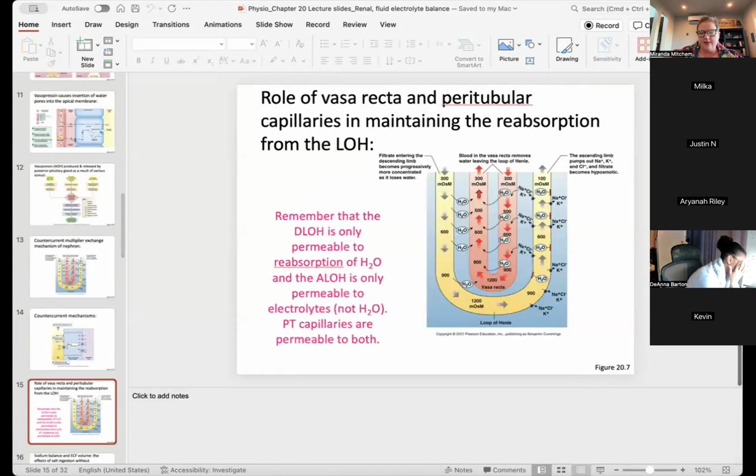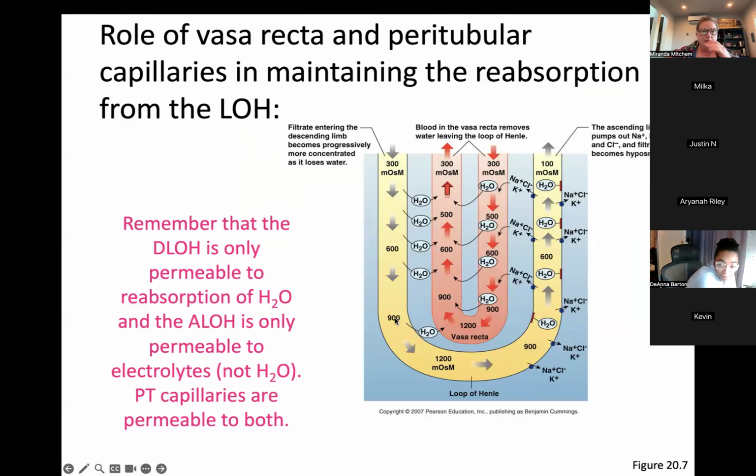Okay, let's take a look at this slide too. So this is showing that countercurrent exchange system that is active in the loop of Henle region of the nephron. So what we have is movement of the filtrate in an opposite direction from what is happening in the peritubular capillaries, or also called the vasa recta.